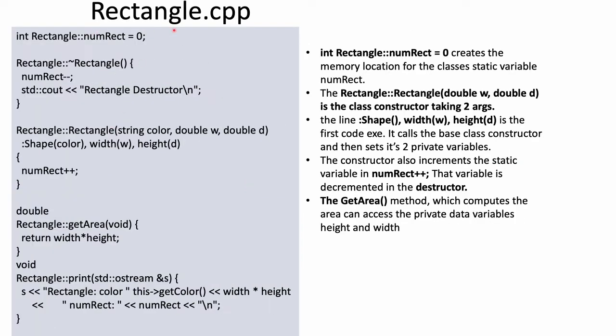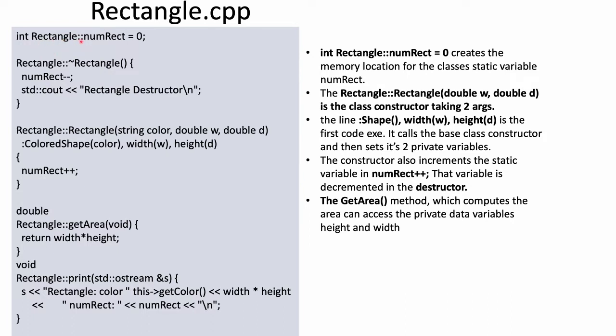So here we have the Rectangle.cpp file, which is the implementation for the rectangle. First line, this is where we are initializing that static variable that was shared among all the rectangles. This is how we initialize it.